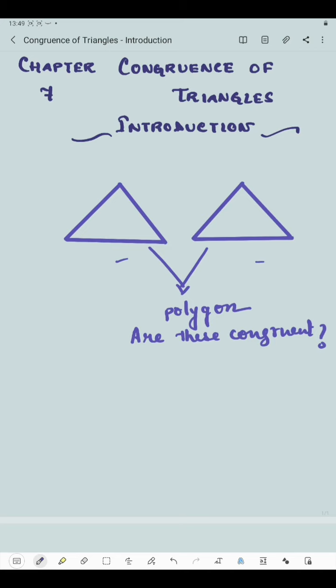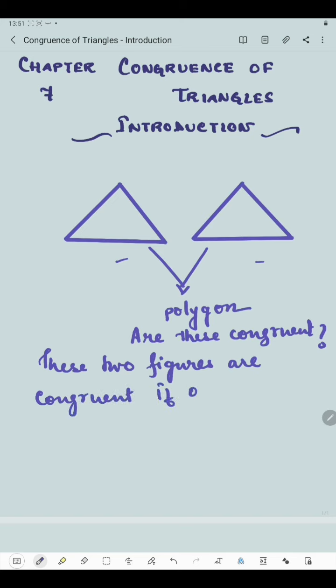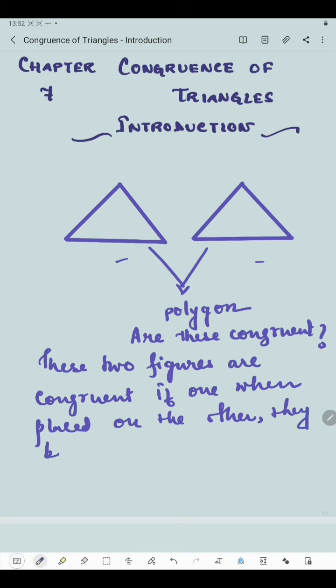The condition for congruency says that these two figures are congruent if one, when placed on the other, they both should overlap exactly.